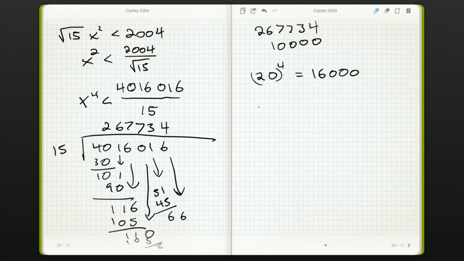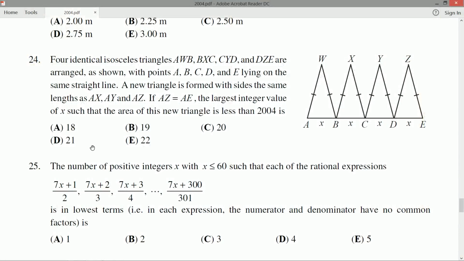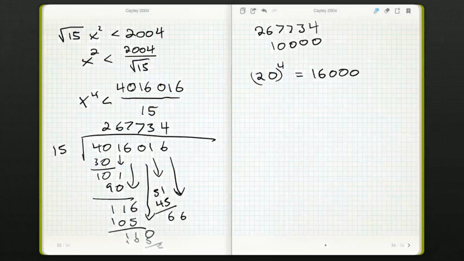What else could we have here? It's definitely between 20 and 30. Does that narrow it down in terms of our responses? So it's either 21 or 22, it's looking like. Well, I see no reason not to just multiply these out. 21 squared is 441. We'll do another 441.